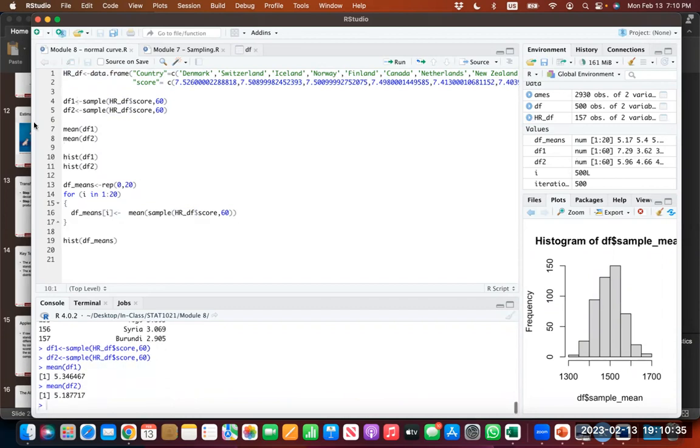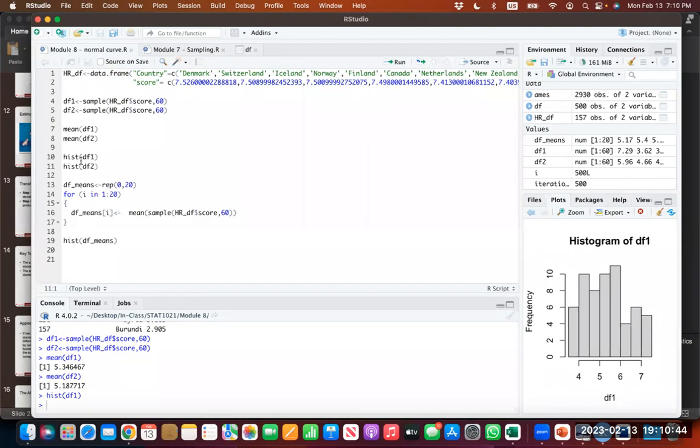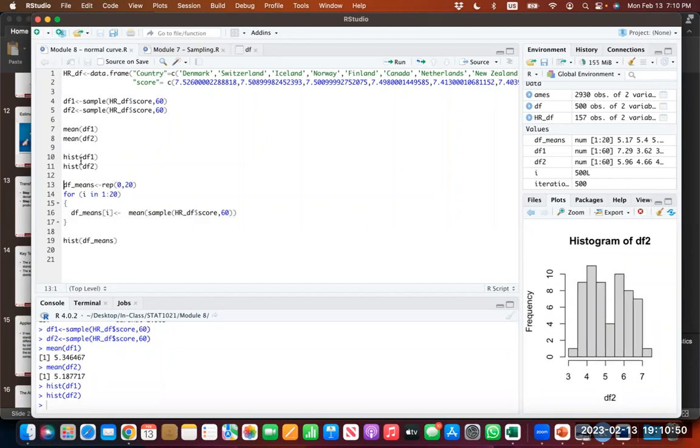We're looking at the means, which are 5.35 and 5.18. So again, it's randomly sampled, so there are differences. We're seeing histogram number 1, nowhere close to a normal distribution. We look at histogram number 2. This also is not a normal distribution. This almost looks bimodal in a way.